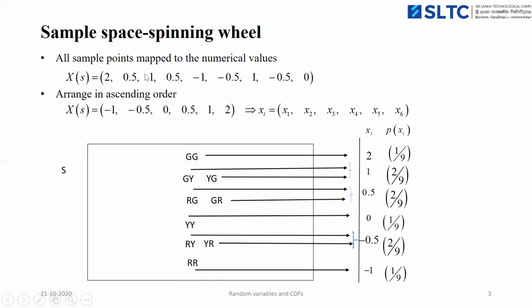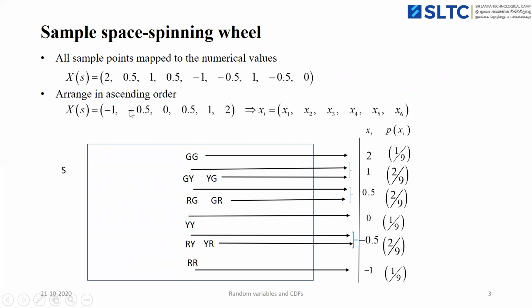So we can combine those numerical values into a single number, and then arrange them in ascending order. We get the random variable numerical values X of s equal to -1, -0.5, 0, 0.5, 1, and 2.